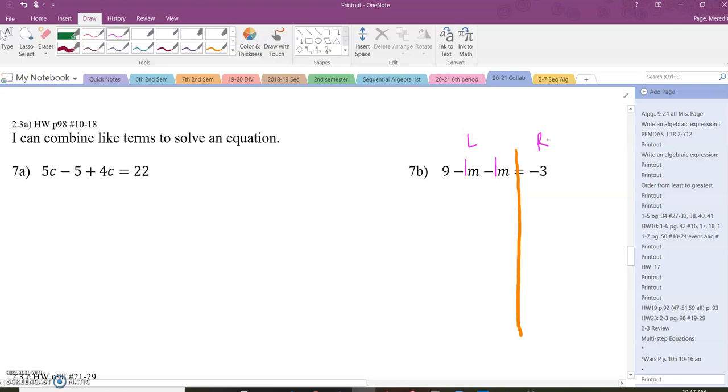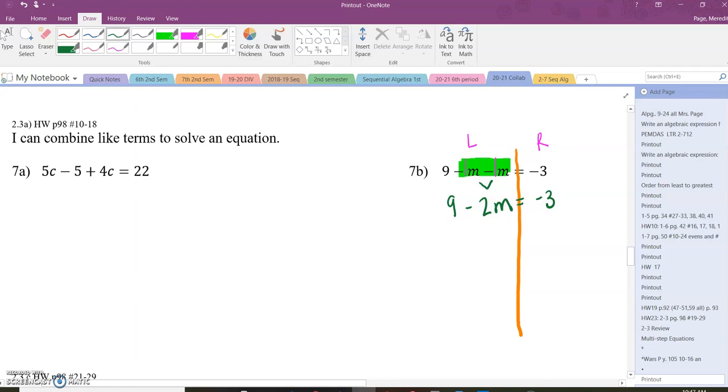I notice on the left-hand side I have to combine like terms before I do anything. The negative 1m and the negative 1m are like terms, so we're going to combine those. So really, what's negative 1 minus 1? Well, you get negative 2. And then equal negative 3.